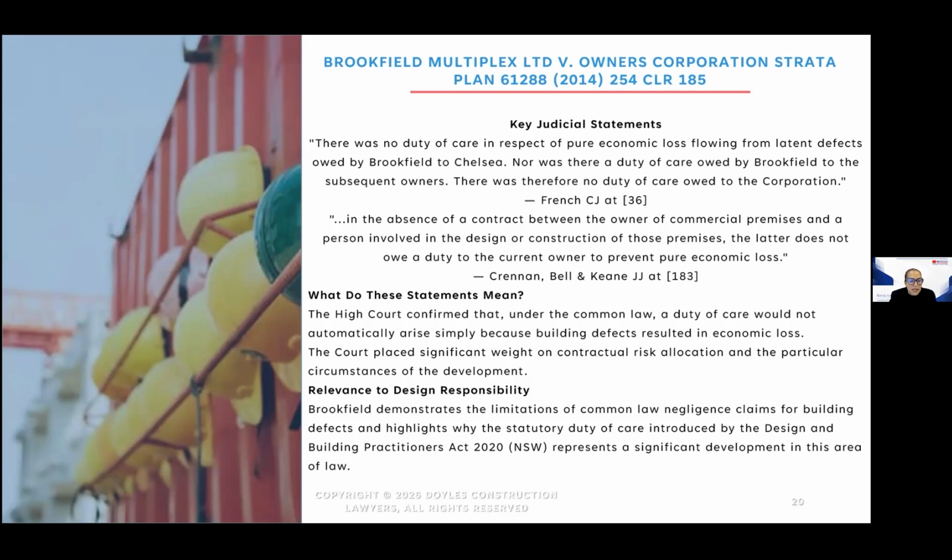What these two passages do is illustrate the High Court's reluctance to impose a duty of care for pure economic loss in the circumstances of the case. Rather, the court focused heavily on the contractual risk allocation and the nature of the development. As I said, this decision remains one of the leading authorities on the limits of common law recovery for building defects.